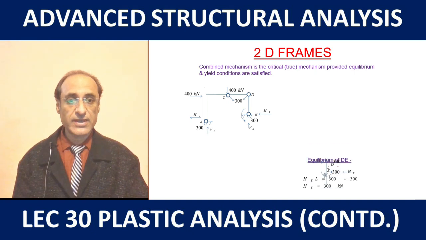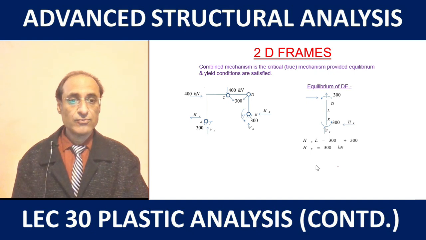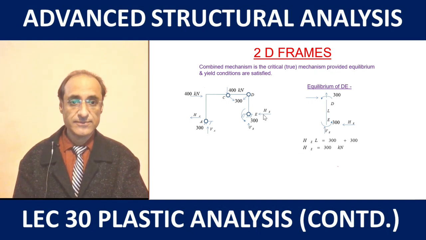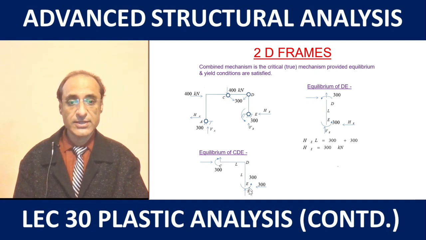So what we do, we begin with the column DE, and here we can at the most obtain the horizontal reaction HE, because otherwise we are not able to obtain both VE and HE together, because we have insufficient number of equations as compared to the unknowns. And after this we can then consider the equilibrium of part CDE, because now we have already HE with us.